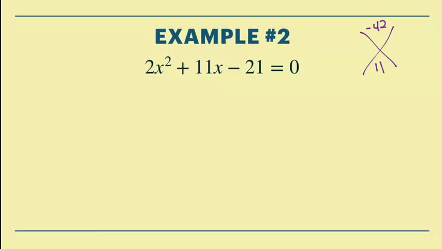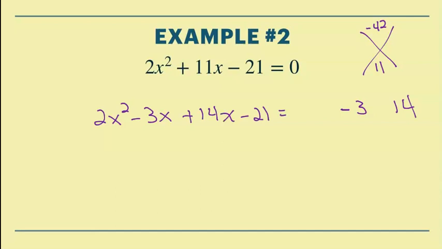And those numbers are 3 and 14, where the 14 is the positive one and the 3 is the negative one. So negative 3 times positive 14 is negative 42. So I'm going to use those to split the middle. And I get 2x squared minus 3x plus 14x minus 21 equals 0.